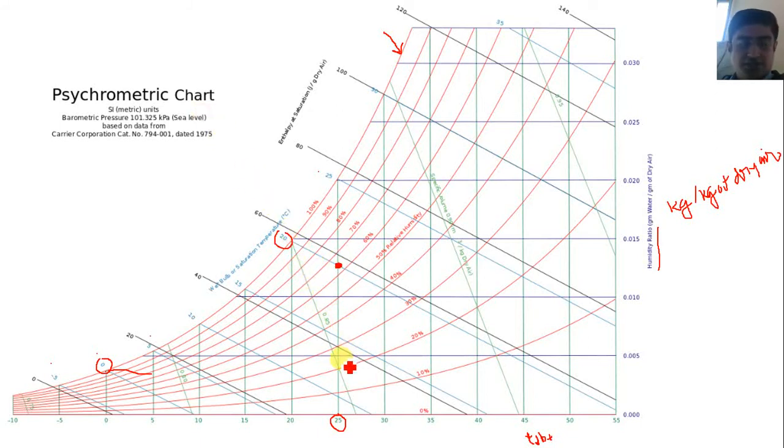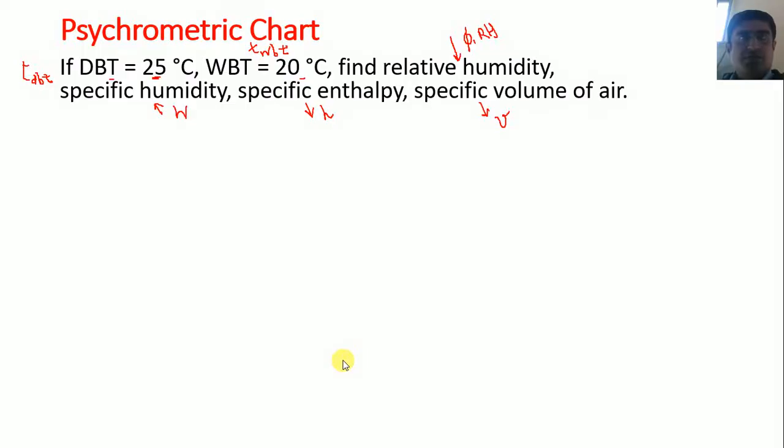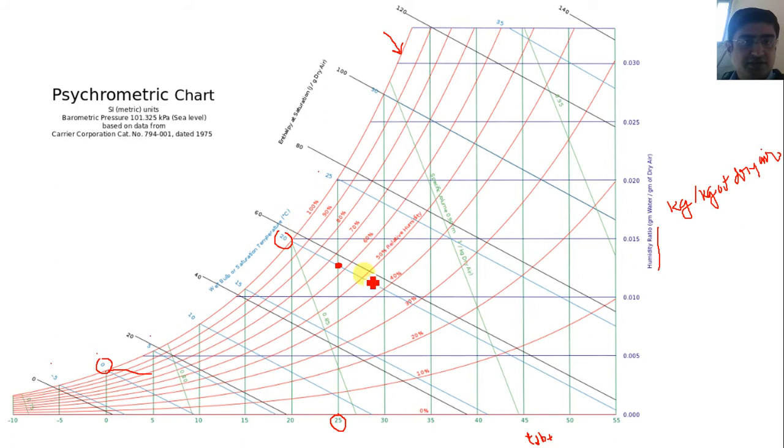So here in the first case, you have plotted the intersecting point, and now if you want to find out the value of phi, or we can say relative humidity, then you can easily find it from this chart. On this line the value of phi is 60, and on this line the value of phi is 70.